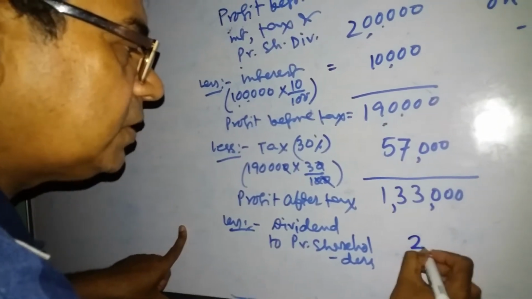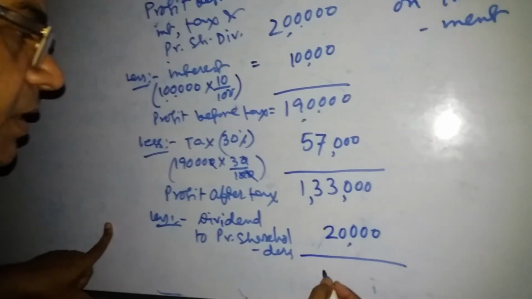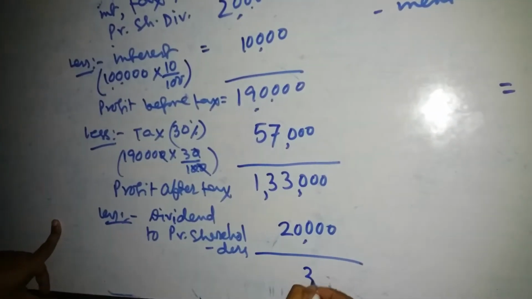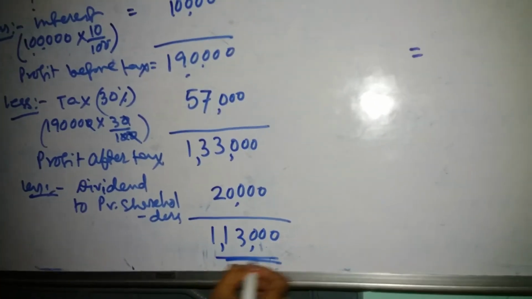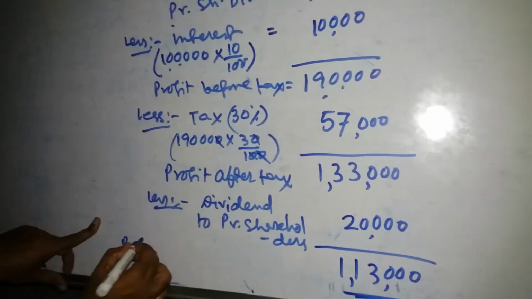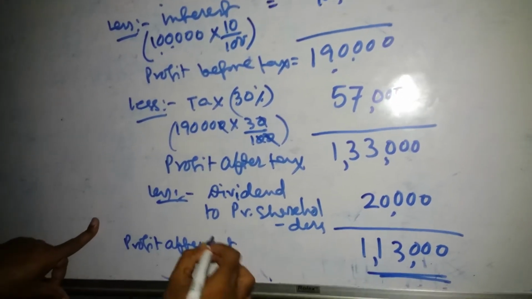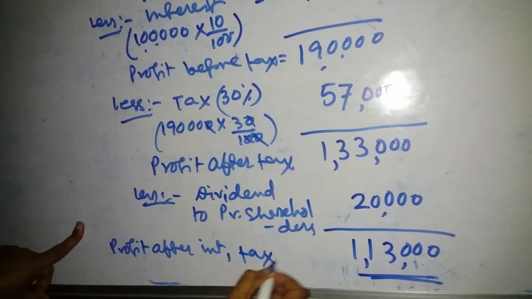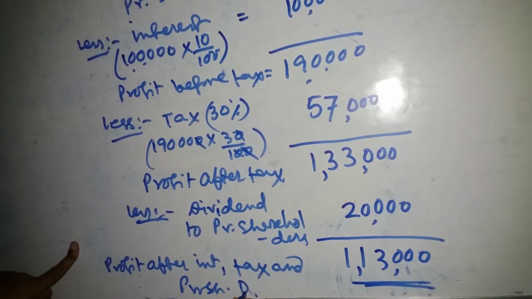So 20,000 will be the dividend, 2 lakhs into 10%. So the rest profit is 1,13,000. This is called profit after interest, tax and preference share dividend.